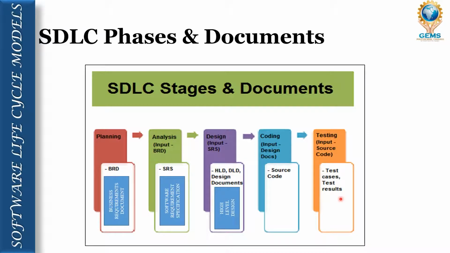We will go through all the testing and we can find out the errors which are present in our software. So once the testing is done, then finally the deployment and maintenance part will be coming. So these are the documents we are going to maintain in each stage or phase of SDLC. I hope, my dear students, it's clear for you.